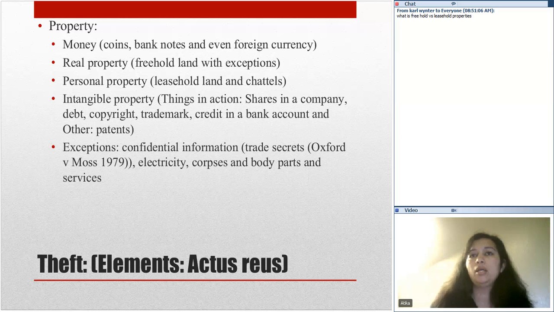Leasehold property can be either the real property that is the leasehold, or there can be other lease items as well. For example, I don't know how it is where you are. Here, there's a company that leases the furniture out and stuff like that.